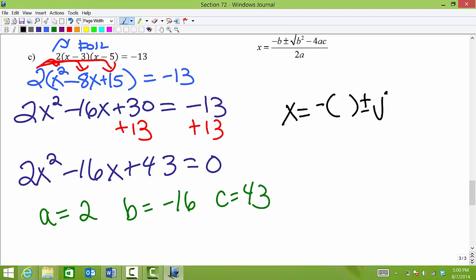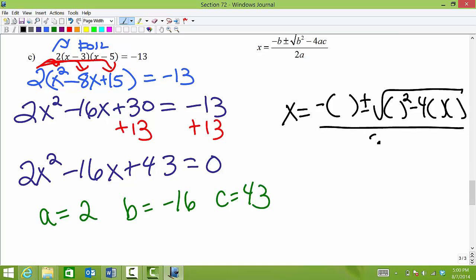So first I'm going to write out the formula without any letters. And then we're going to go in and plug in negative b, b squared, 4ac all over 2a, and then we're going to simplify.